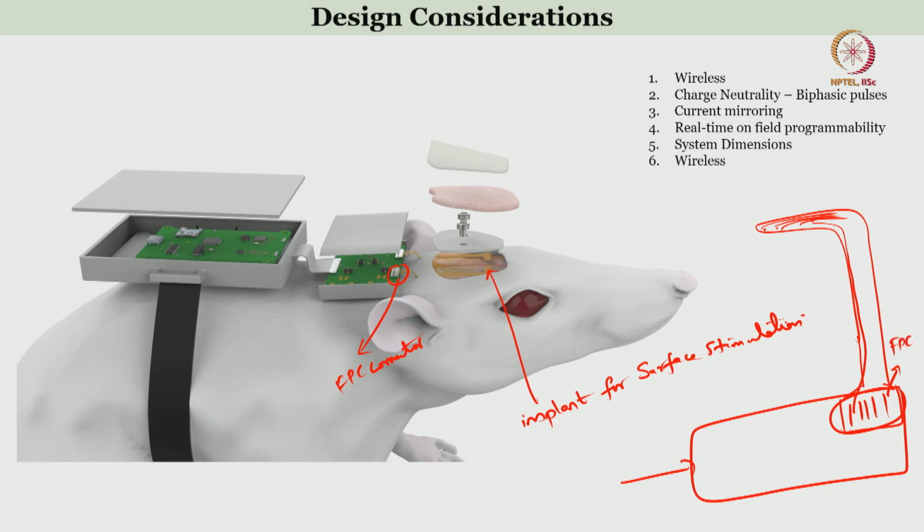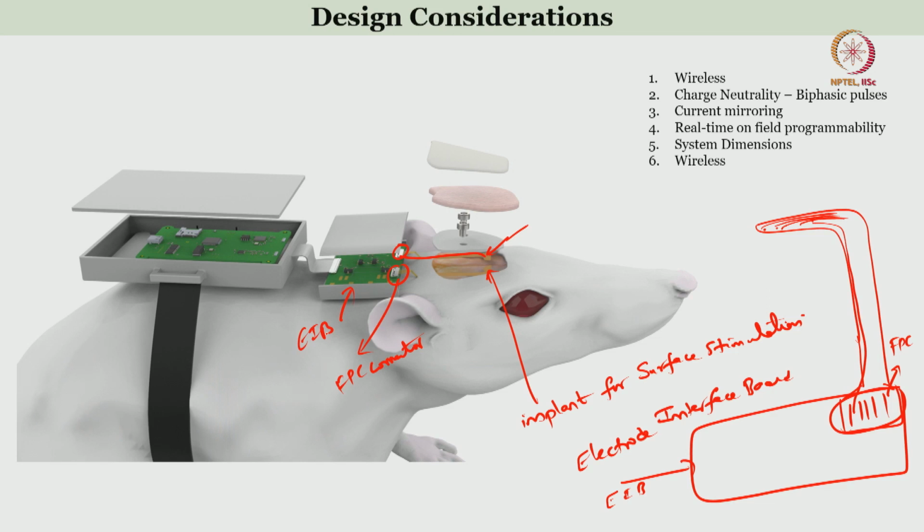Now, this is called the electrode interface board. We have one for the right hemisphere, another one for the left hemisphere, and they are housed by an FPC connector, and this is the electrode interface board.